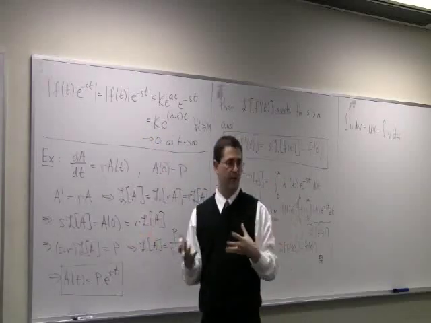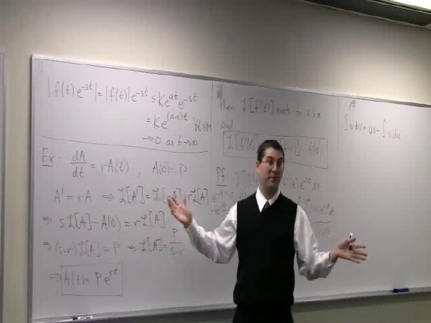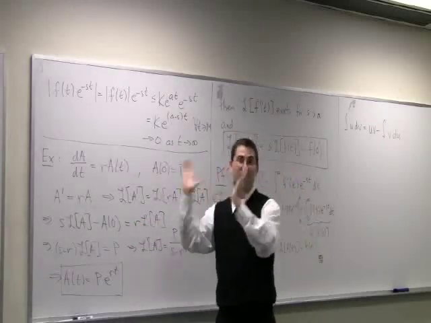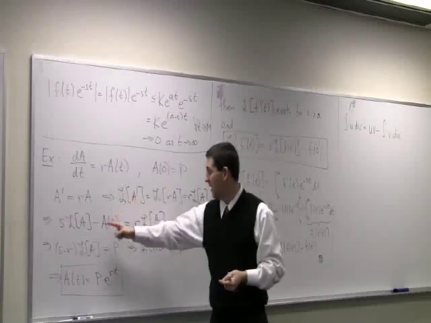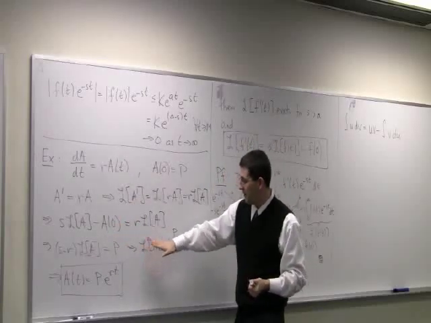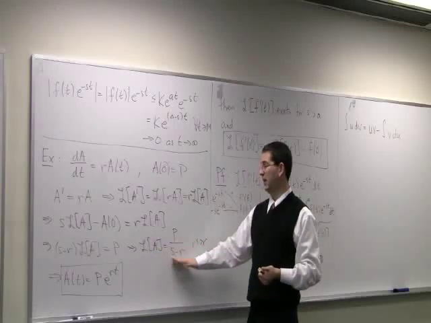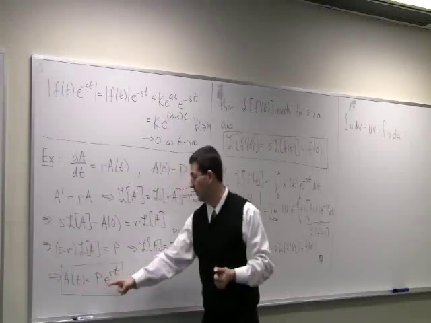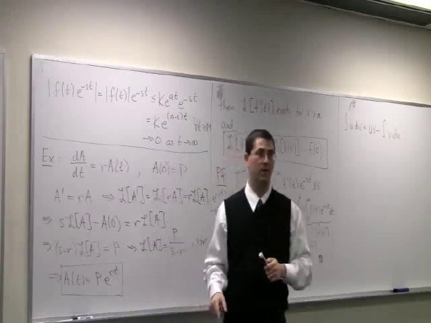I took the Laplace transform of it. I did algebraic manipulations, and remember, that was the whole goal, right? We wanted to turn a differential equation into just solving using methods from algebra. And then we got down to the end where we said, my Laplace transform equals this, and therefore I can conclude the original function looked like that. We proved we could go backwards.